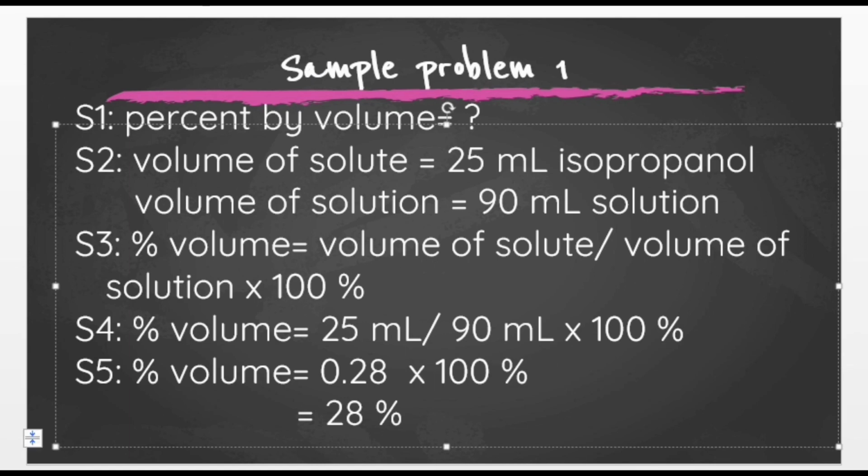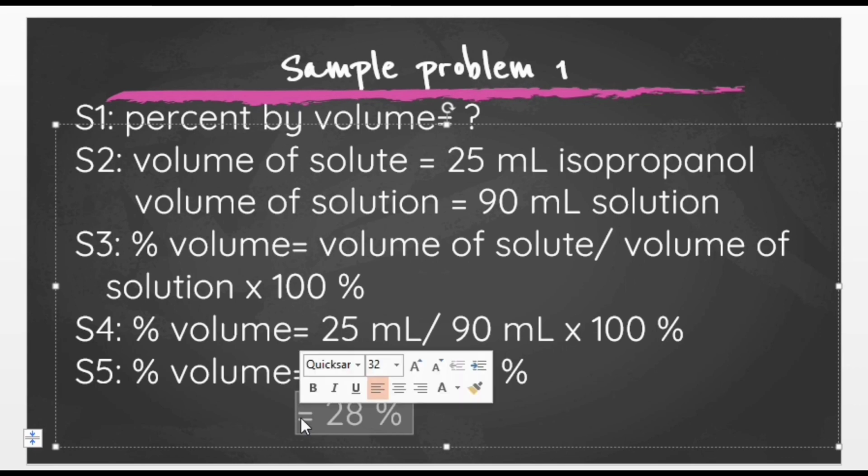So, since the same man sila, i-cancel na nimo. 25 ml over 90 ml, so cancel the units ml, so you're going to have the answer 0.28 times 100%. So the final answer for the percent by volume is 28%.